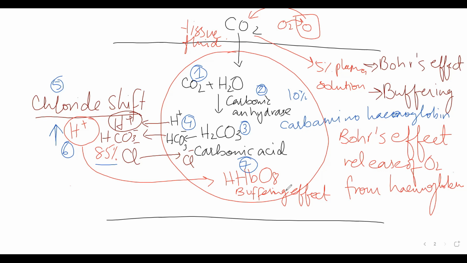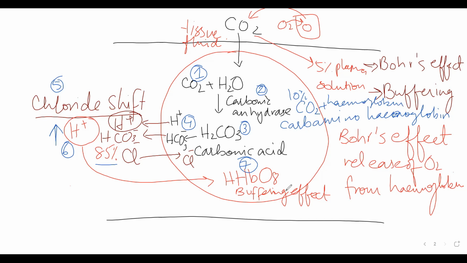So it's not only one red blood cell. There are so many red blood cells. Some of them may bind to the hydrogen ions, and some of them may bind to the carbon dioxide, right? So 10% of the carbon dioxide may bind to the hemoglobin, and it forms carbamino hemoglobin.